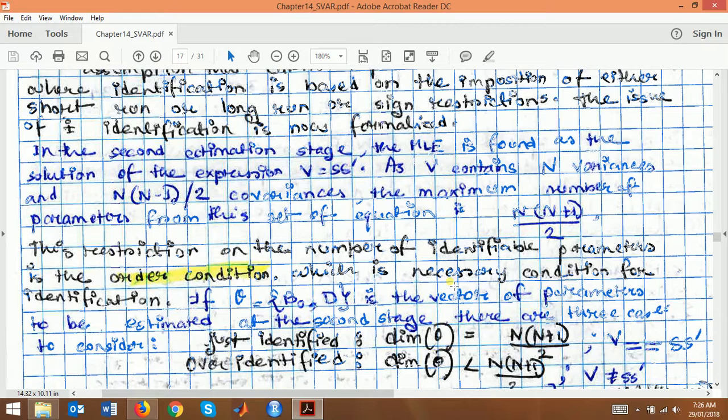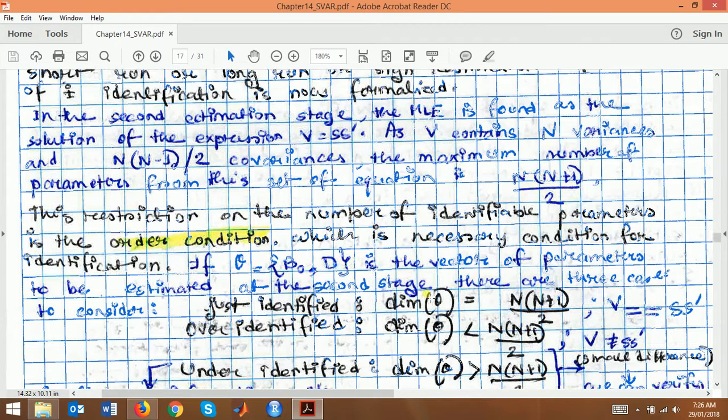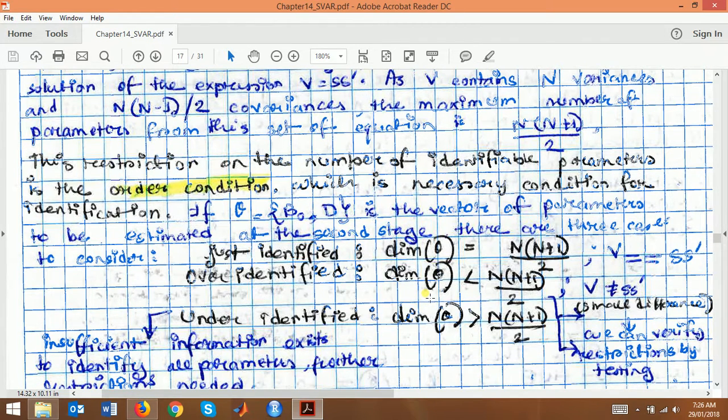So if you have two parameters, beta naught and d, at the second stage there are three cases that we can consider. So if the dimension of all the parameters theta equals n into n plus 1 divided by 2, then we can say V, the value of whatever we find with omega, should equal SS transpose.